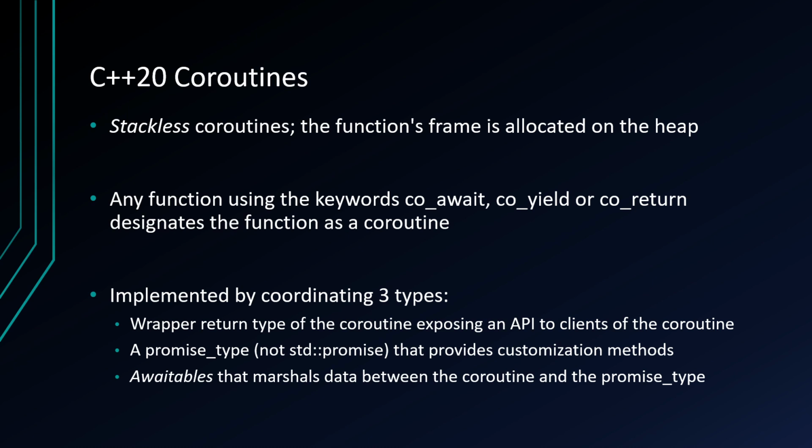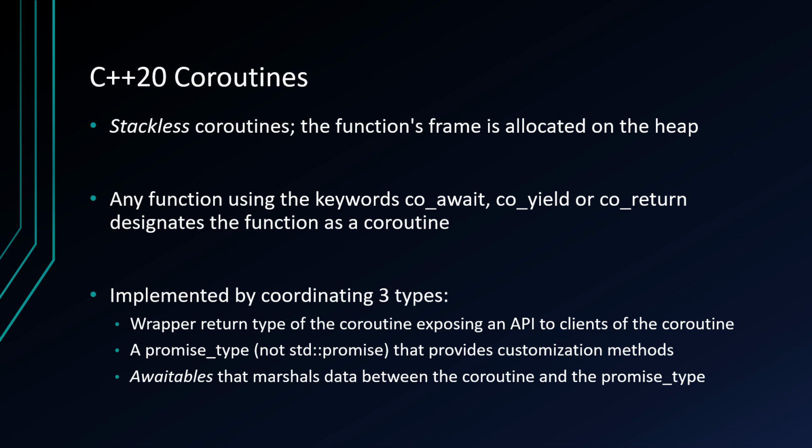The three new keywords in C++20, co_await, co_yield, and co_return: if any of those keywords are present in the body of a function, then that function is a coroutine.